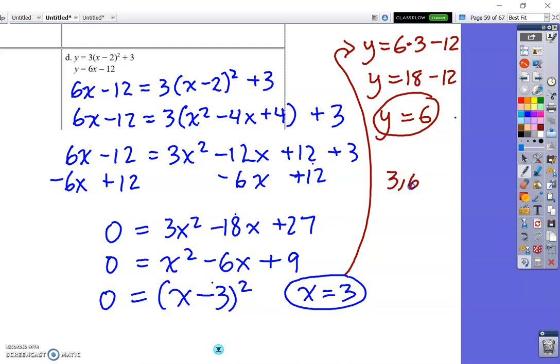And so I have (3, 6). And so there we are. We're going to move forward from here and see what else is there. So that's the idea, and you have the other three equations to solve. Again, I gave you the hint on part B.